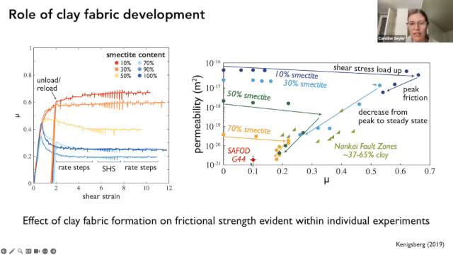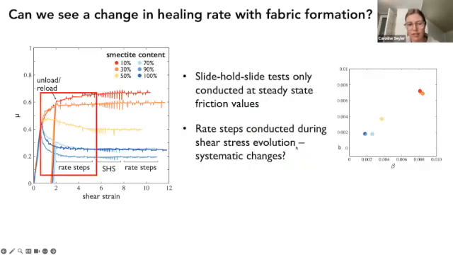So with the more clay-rich samples, you get a stronger decrease, a lower permeability that's corresponding to an increased clay fabric.